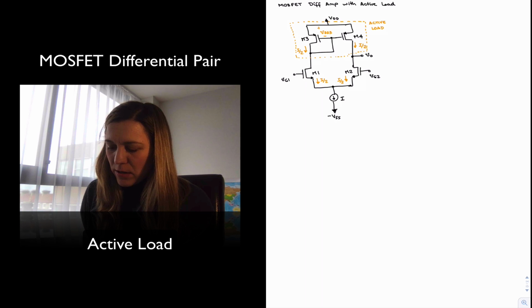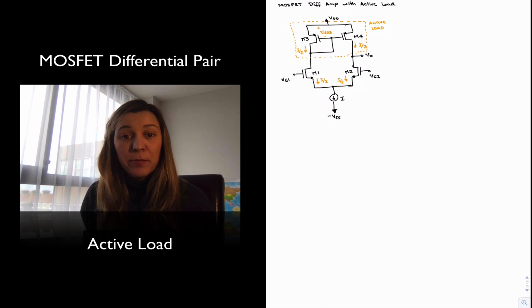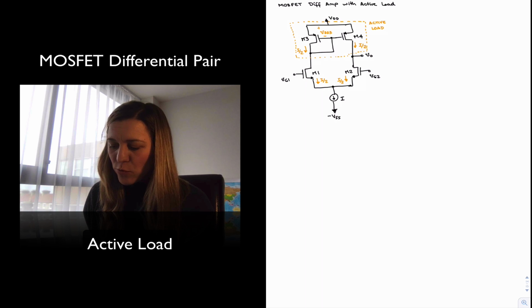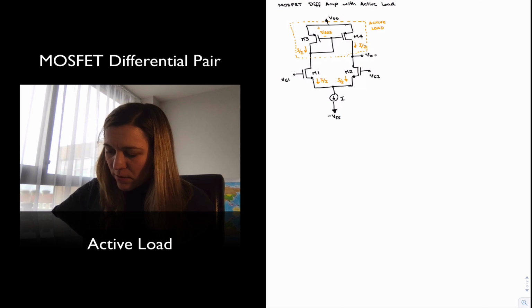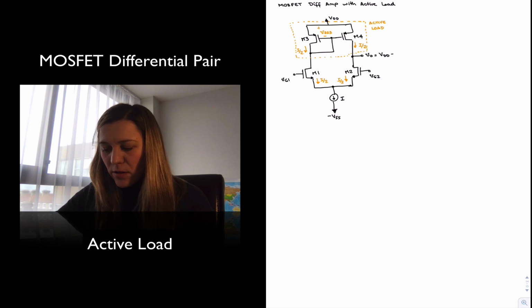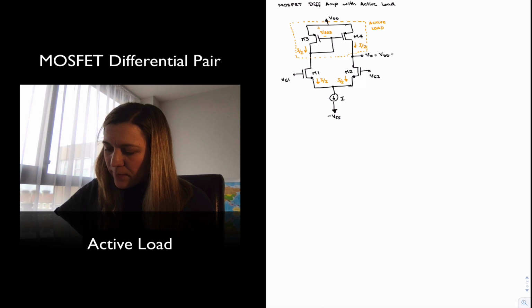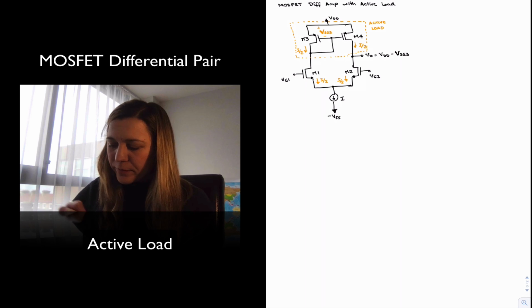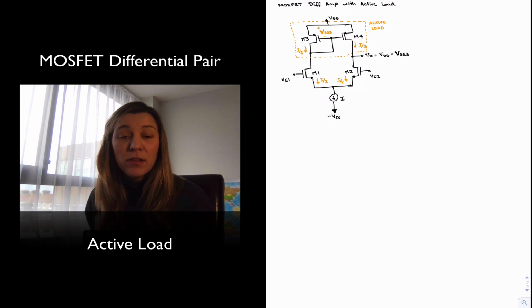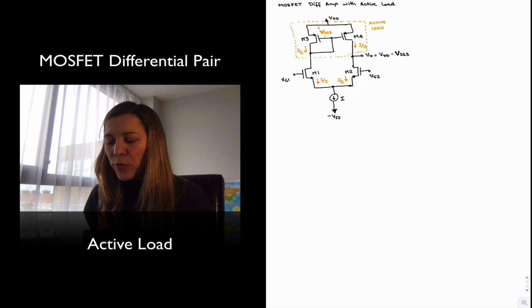So if things are balanced, I'm going to have symmetry between the two branches, so my output voltage, DC-wise, before I apply any small signal, should be equal to VDD minus VSG3. And I probably should indicate DC signal by making this a capital. Okay, and that's just going to be the offset or the DC bias point of my output voltage.